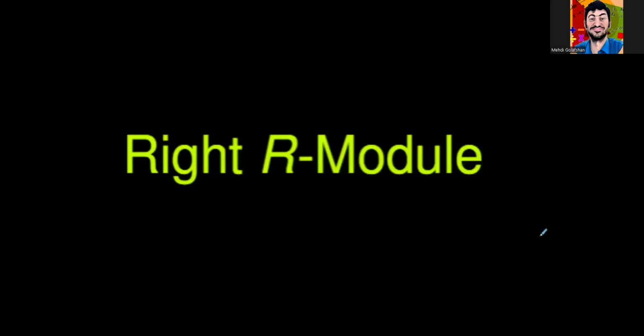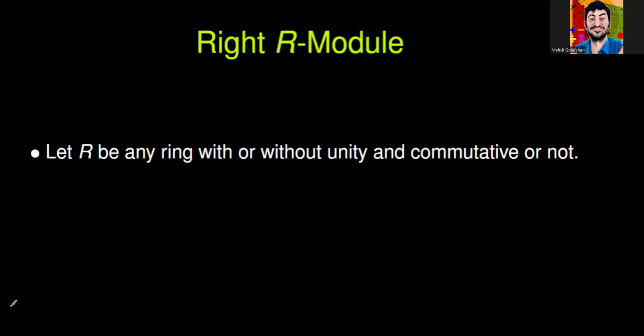And now let us define our right module. In a similar way to how we defined the left R module. So let R be any ring, and it doesn't matter whether it is commutative or not, and unitary or not.